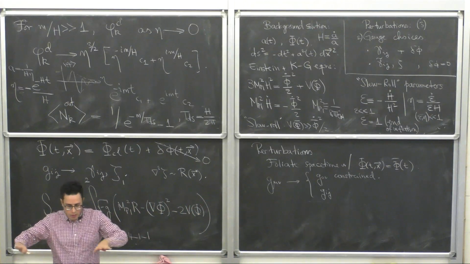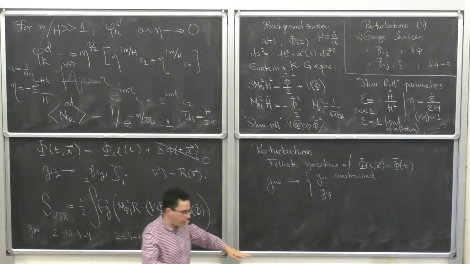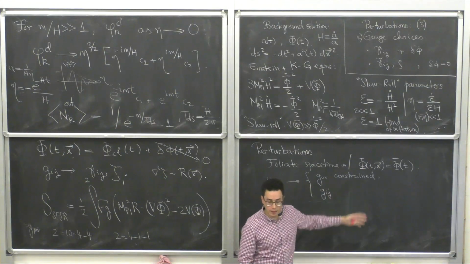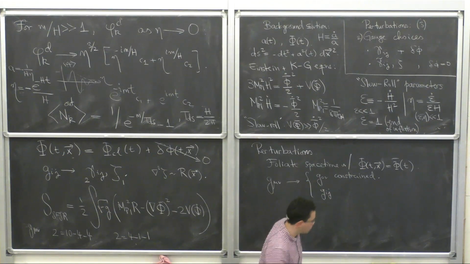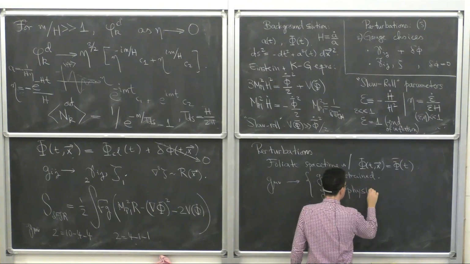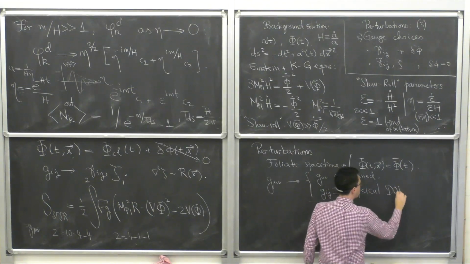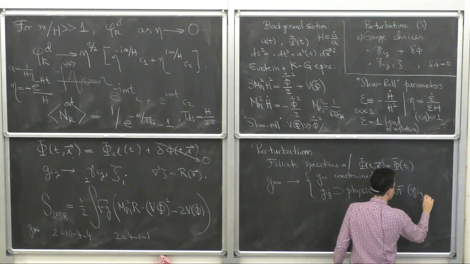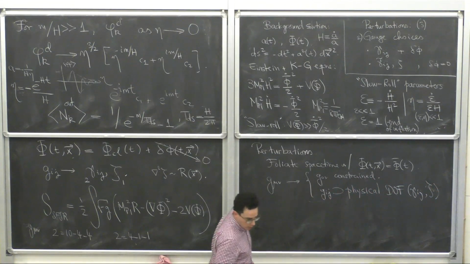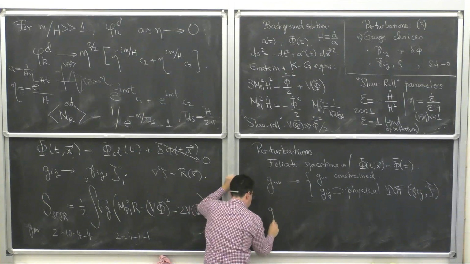So now you have the 3 choices of spatial frame, and you're going to go from 6 to 3 degrees of freedom. And then there will be a scalar mode. So it contains the physical degrees of freedom, which will be the graviton, and this scalar perturbation.